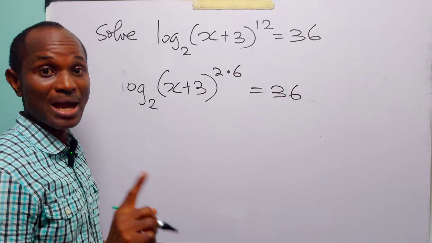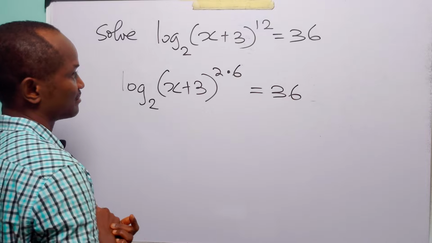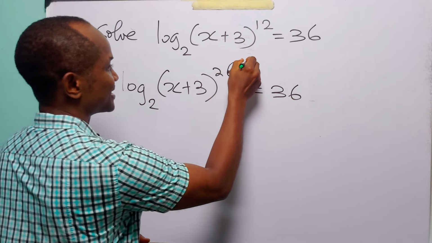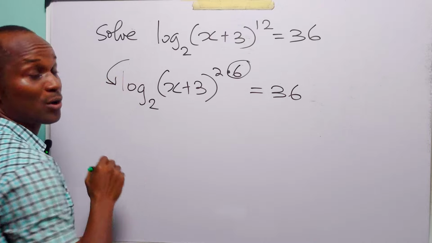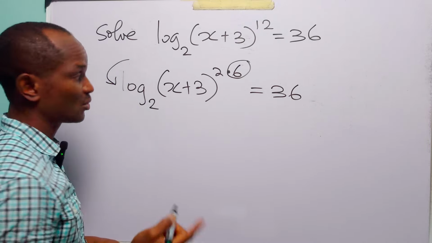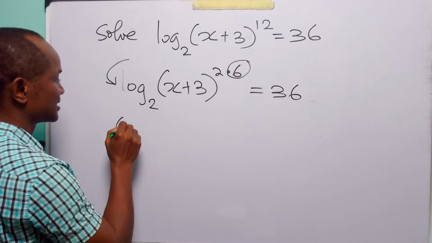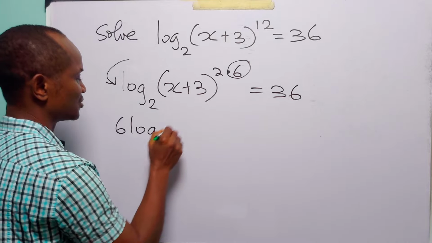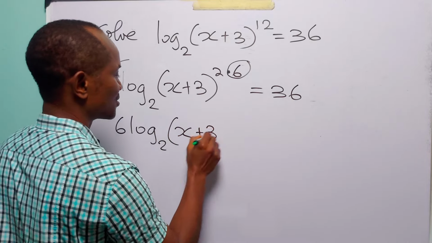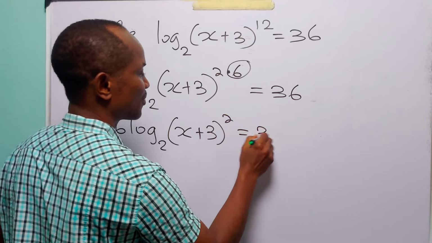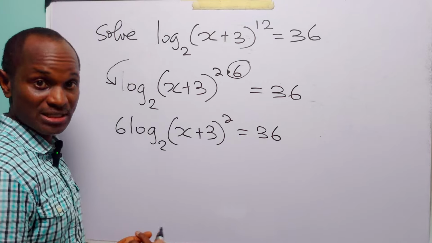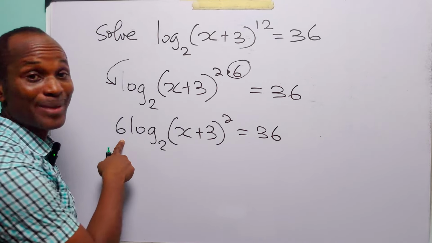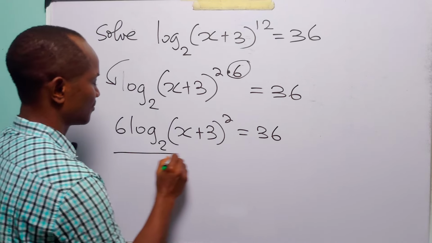Then now we are going to apply the power rule of logarithms. We are going to bring down 6 to the front of this log term to become a multiplier. When we do that, what we have is 6 times log base 2 of x plus 3 squared is equal to 36. Now we divide both sides of this equation by 6.